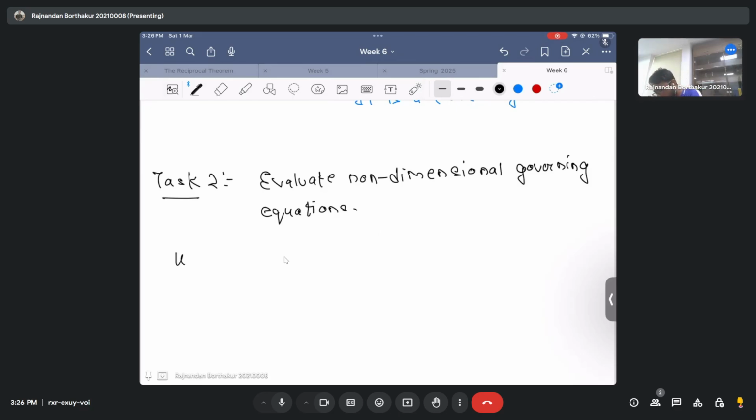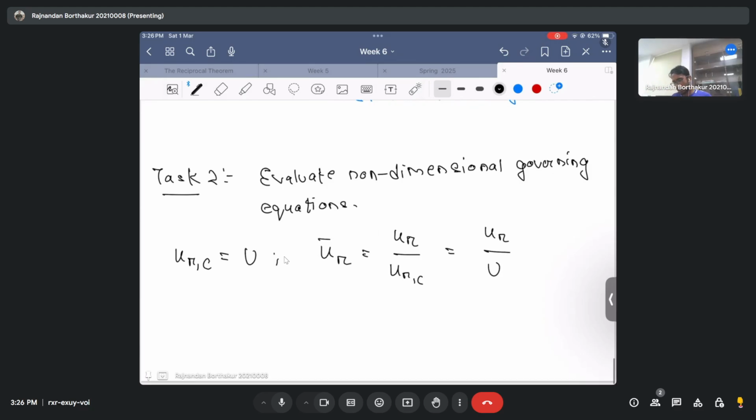So we know that URC, which is the characteristic velocity of the R component of velocity, is nothing but U, that is the magnitude of the radial suction. This means if I now define a non-dimensional UR, the UR bar is basically the non-dimensional version of the radial component of velocity. This will be nothing but the dimensional UR divided by URC, the characteristic radial velocity, which is nothing but UR by U. Okay.